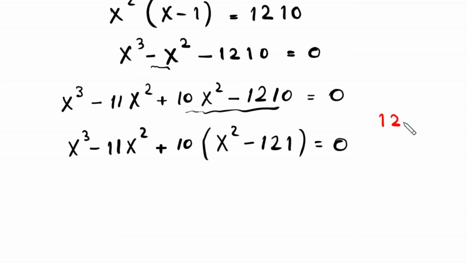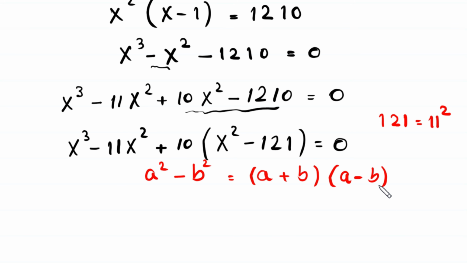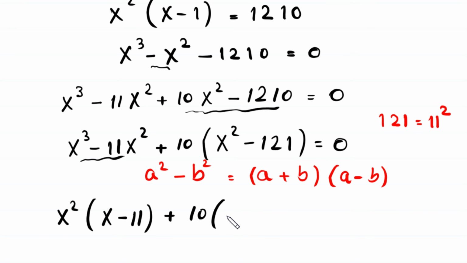Since 121 is equal to 11 squared, by using this algebraic identity, a^2 - b^2 = (a + b)(a - b), this left hand side will become x^2 times (x - 11) plus 10 times (x + 11)(x - 11) equal to 0.